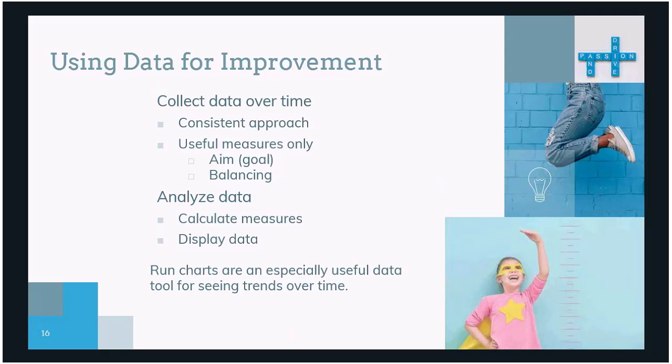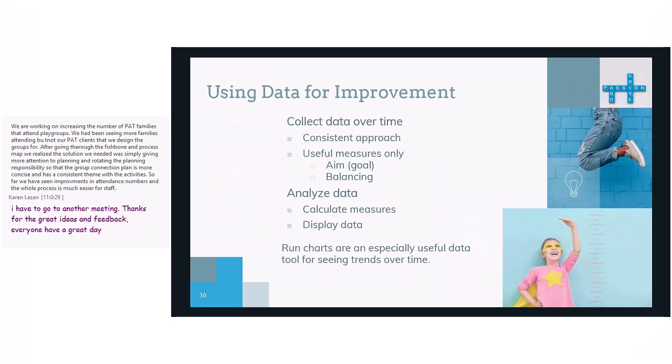You want to be very sensitive to those things that are related to one another that could set each other off. You also want to analyze your data as you're going along, calculate your measures, and display your data so that you can all sit down as a team and look at what you have, look at it over time.